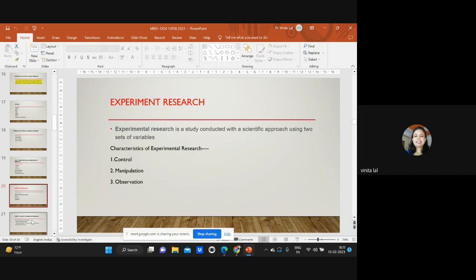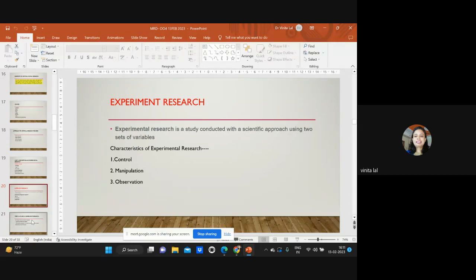So this is also important, and manipulation of the variable is also a characteristic. The experiment is introduced or provoked by the researcher, who deliberately manipulates the independent variables to obtain various results under controlled and rigorous conditions.